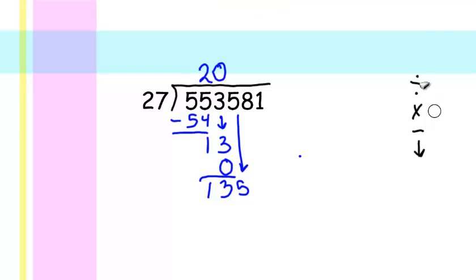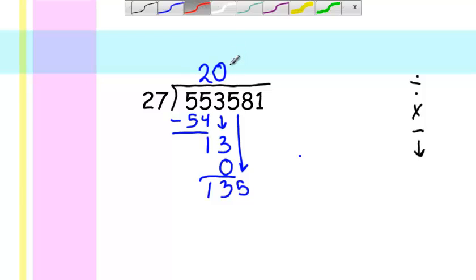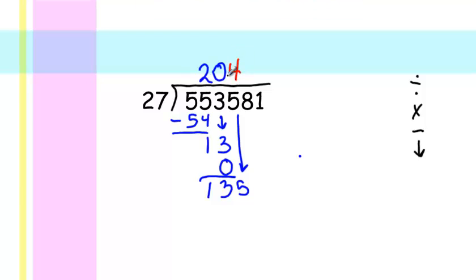Okay, now we're back to the divide step. So I have to do 135, and I need to divide that by 27. Now at this point, what if we guess a 4? And I write in 4 times 27 is 108. And I do the subtraction, 27.